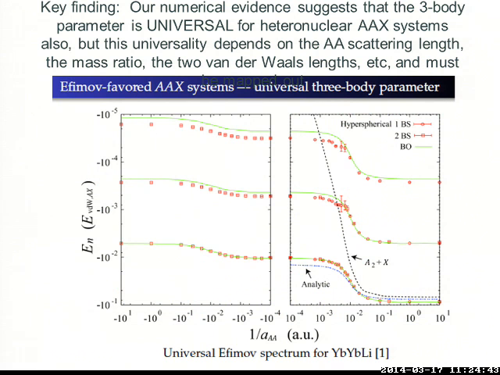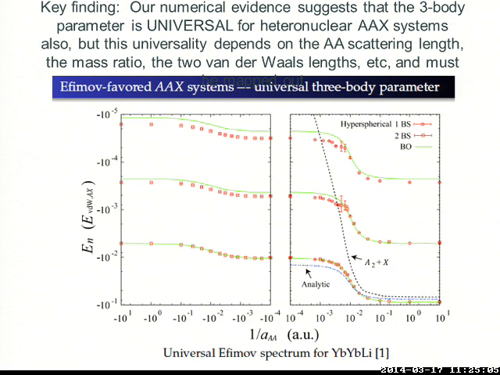But this is an example of what that parameter space looks like if we map out essentially the three-body parameter in the form of the binding energy at unitarity for the unequal particles as a function of the inverse scattering length for the two like atoms.